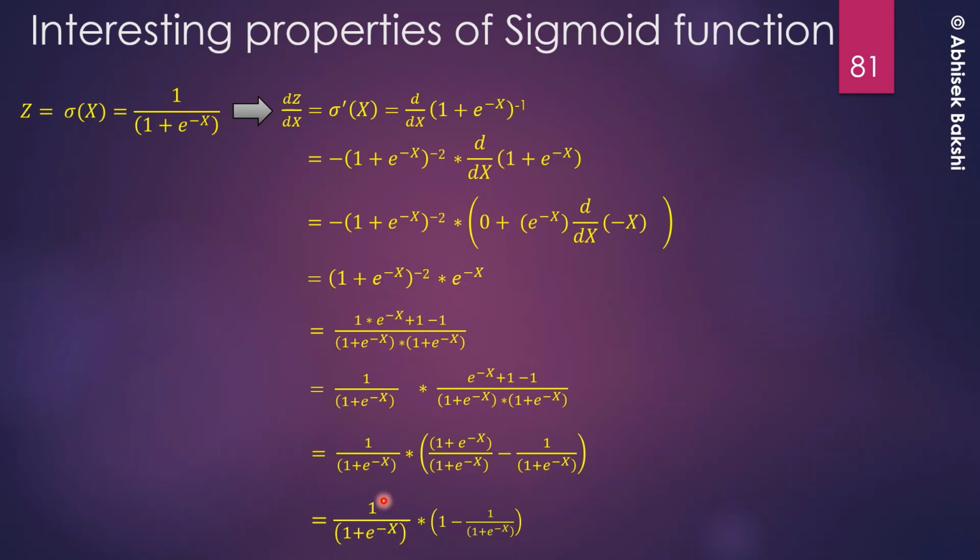And what is this 1 by 1 plus e to the power minus x? Already we know that 1 by 1 plus e to the power minus x means sigma of x, right? So as a result, it will be sigma of x into 1 minus sigma of x. That means this is nothing but the derivative formula, which we started from, sigma dash x. We ended here: sigma dash x is equal to sigma x into 1 minus sigma x.